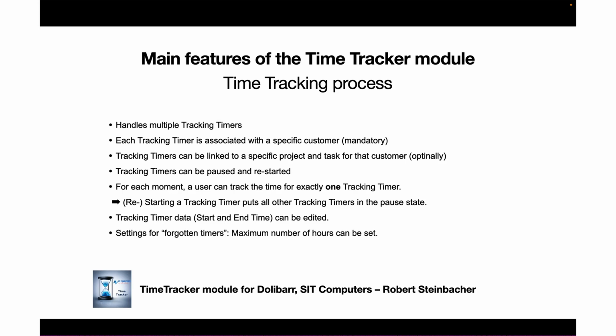And there's also a general setting that the admin of the Dolibarr system can set. There's an option to set the maximum number of hours. The background is that, for example, if you leave your office and a tracking timer is still in progress, then perhaps a maximum number of, let's say, 8 hours can be set, so the timer is finished automatically.